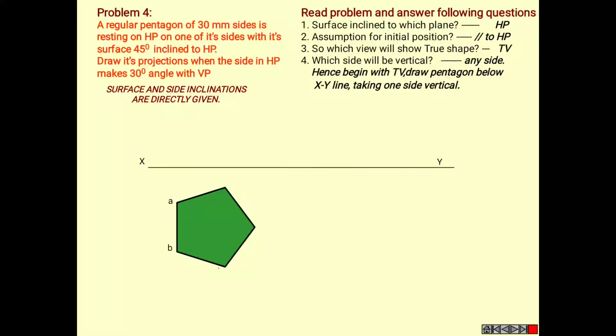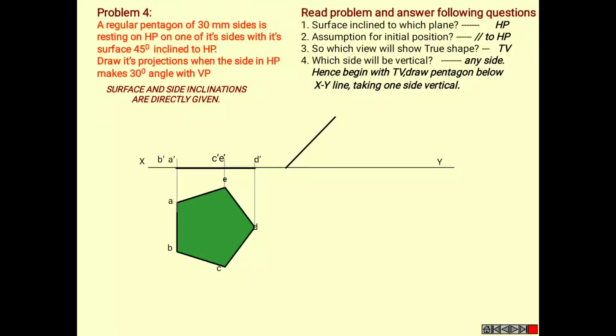Mark A, B, C, D and E, take the projections from it and draw a straight line perpendicular to it. The first point will be A dash, B dash. Second, C dash, E dash, and thirdly D dash.